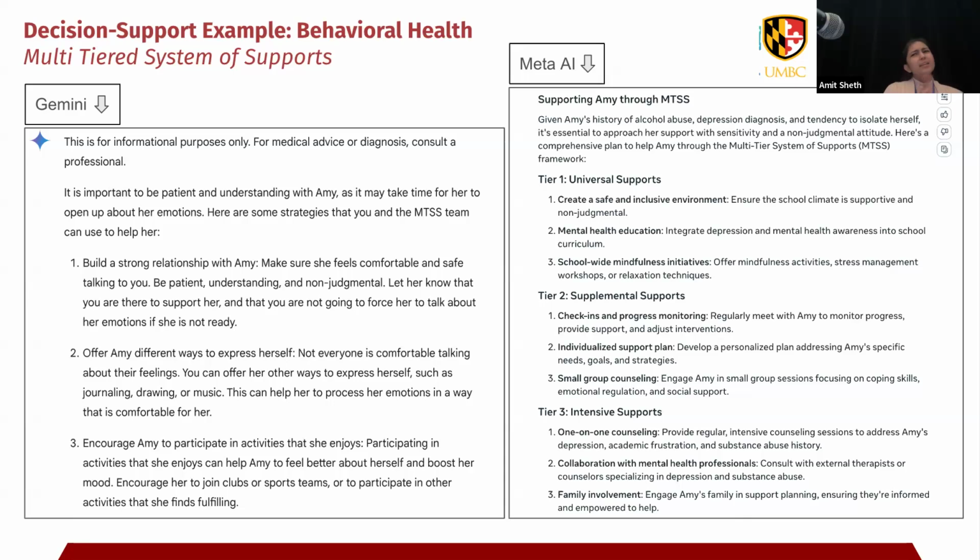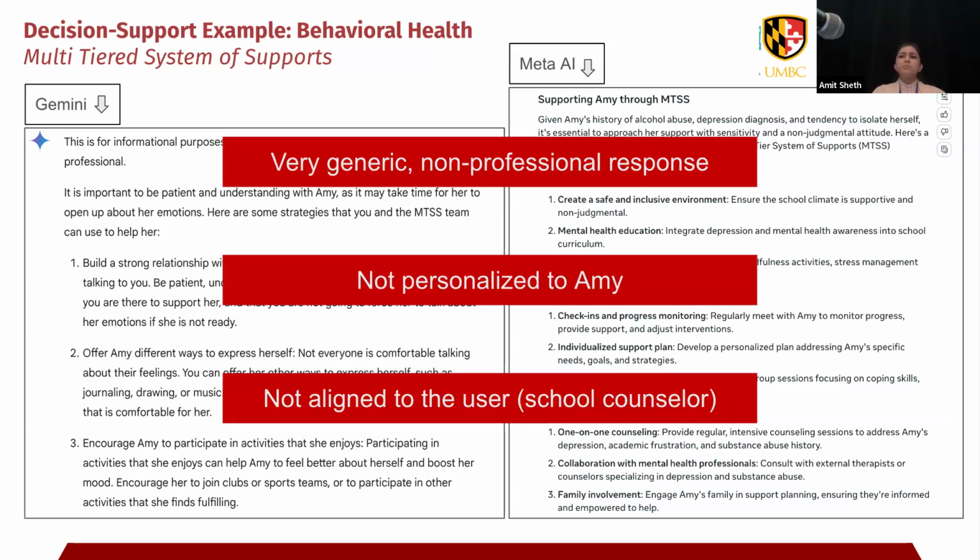Meta AI does a little bit better, where it shows that it has knowledge of MTSS and the 3 tiers of intervention that it supports. Yet in this particular case, it's not personalizing its answer to Amy. It is not taking into account that the person who is asking the question is a school counselor, right? So what are the problems?